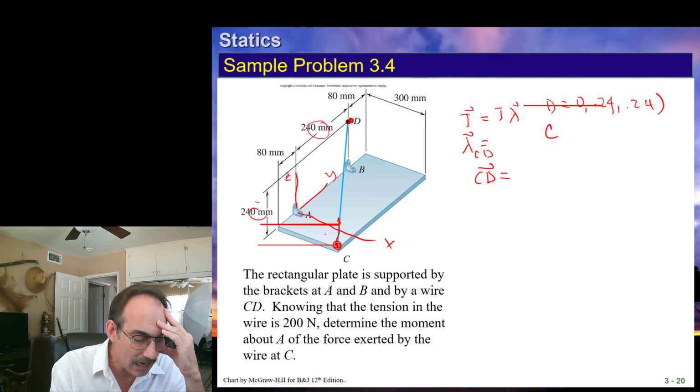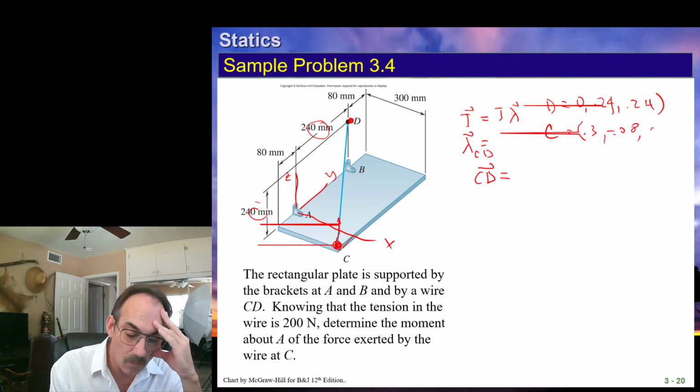Point C is out here, and we already said what it was. It's plus 0.3 in the x. In the y, C is at minus 0.08. And in the z, it is at 0.